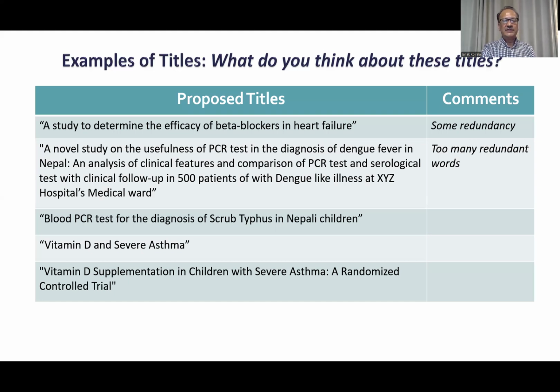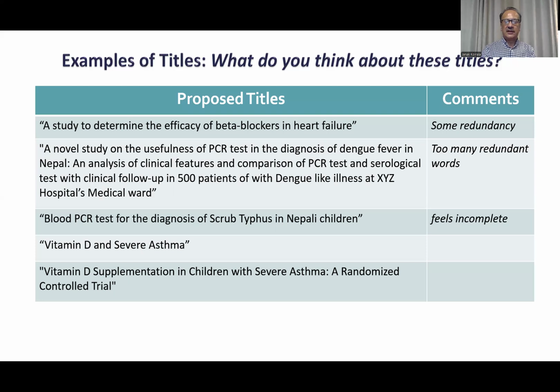Next, blood PCR for diagnosis of scrub typhus in children. How does this title sound? It feels a little incomplete because we don't know what blood PCR test is being compared with, or is it just being tried to see the data collection or prevalence in the children.